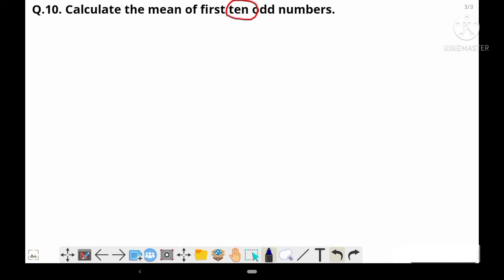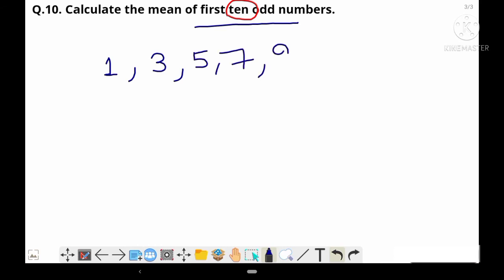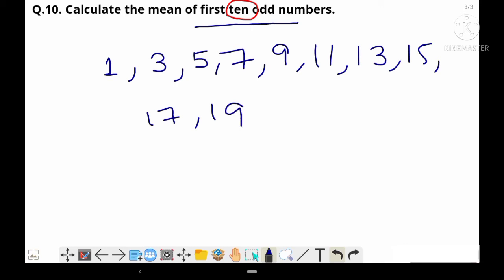Let's write all the odd numbers, which means the first 10 odd numbers. So 1, 3, 5, 7, 9, 11, 13, 15, 17, 19. Count everyone. 1, 2, 3, 4, 5, 6, 7, 8, 9, 10. So we got 10 odd numbers.